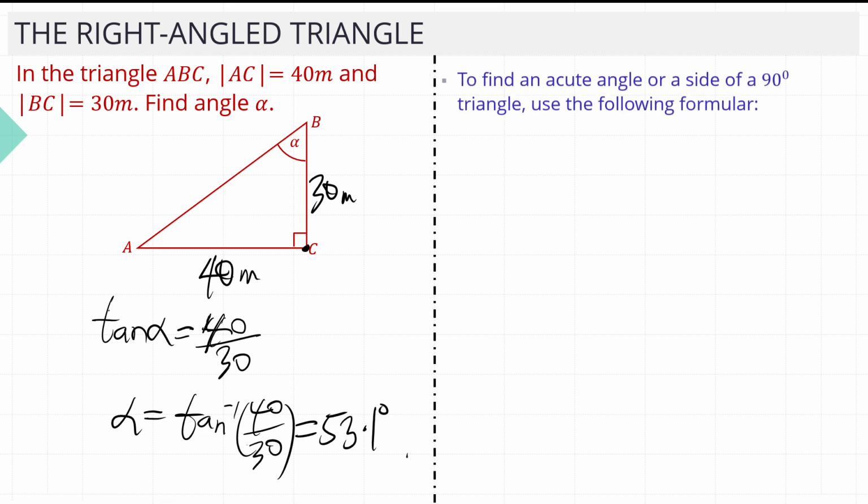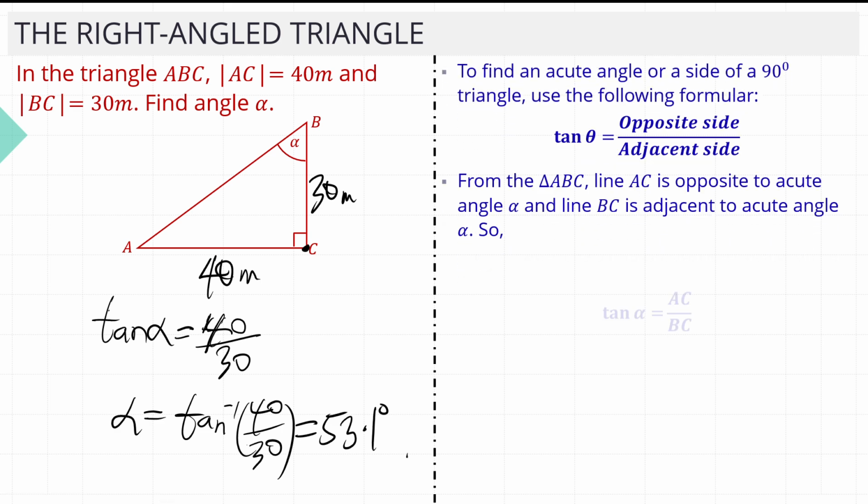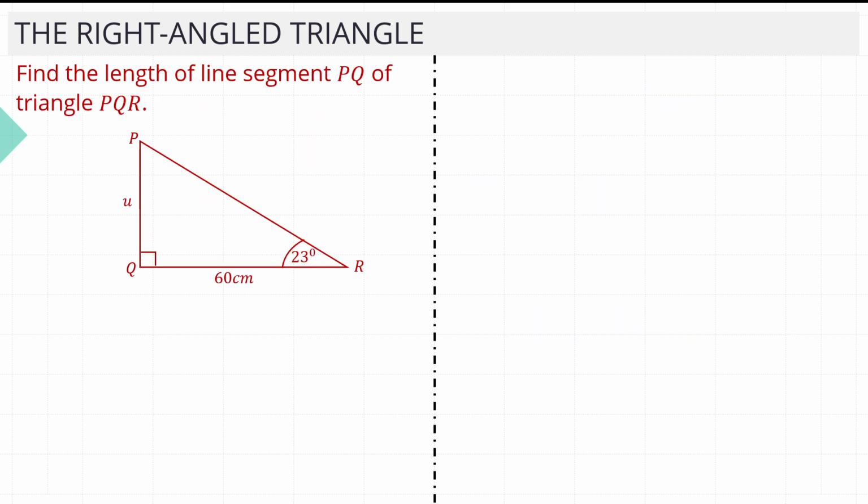We have a next question. It says find the length of line segment PQ of triangle PQR. Okay. By definition, tan the acute angle 23 equals the opposite side U divided by the 60.